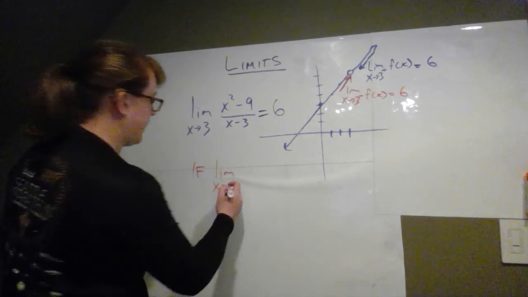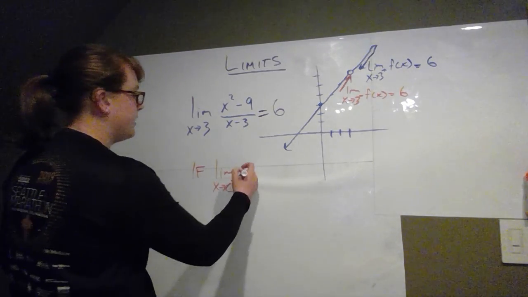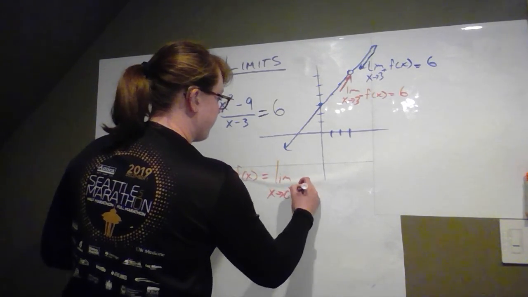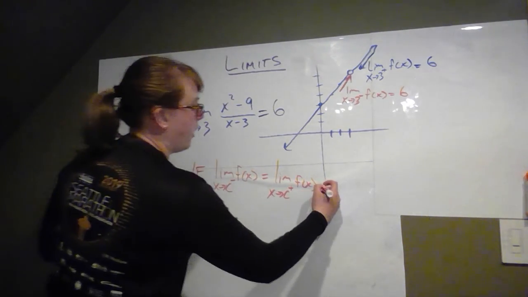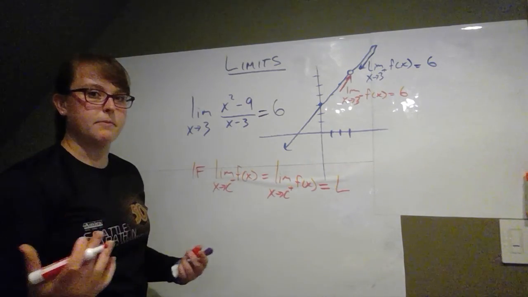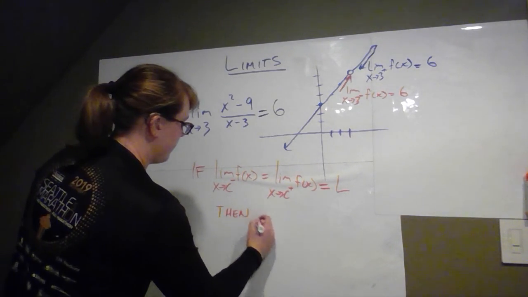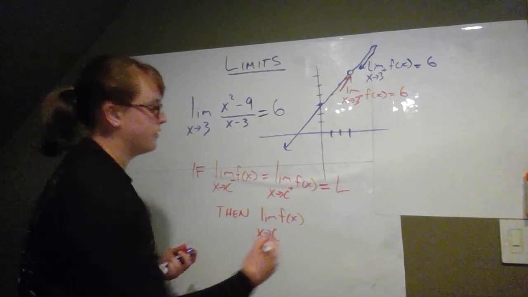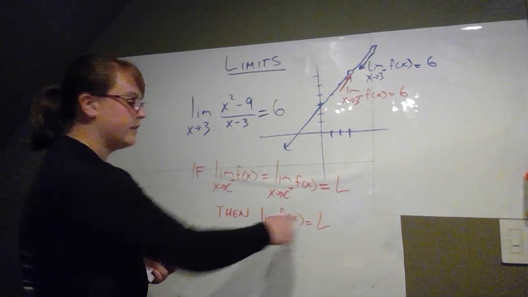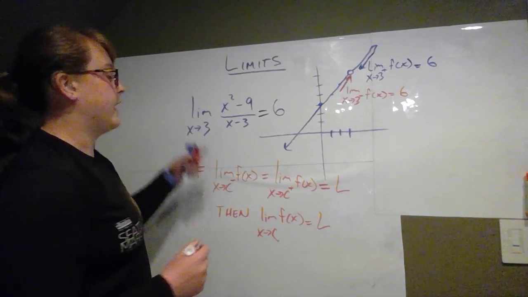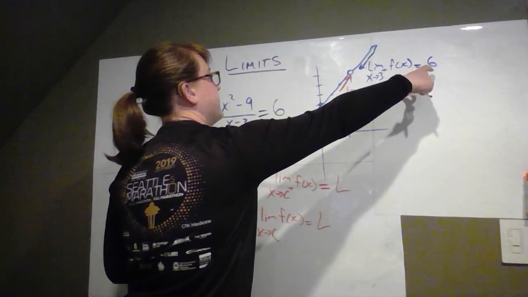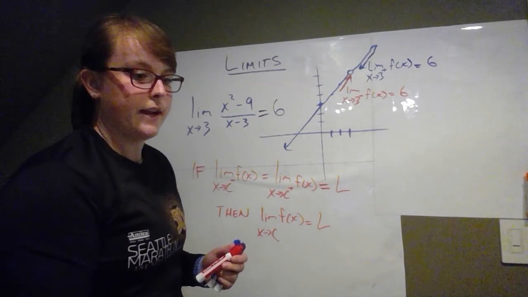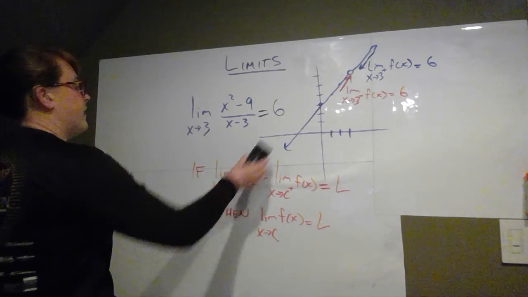To state it in generic terms, if the limit as x approaches c from the left, c minus, of f of x is equal to the limit as x approaches that same value from the right, and they're equal to some number L, then the limit overall as x approaches c exists, and it's equal to that same value L. So in this case, since the left limit and the right limit were both 6, the overall limit is 6. But what if they don't match? We're going to look at that case next. What happens when they don't match?